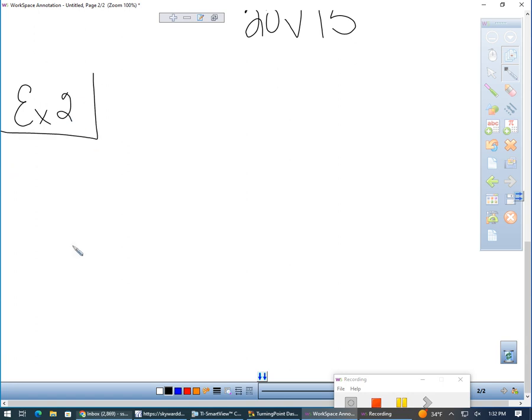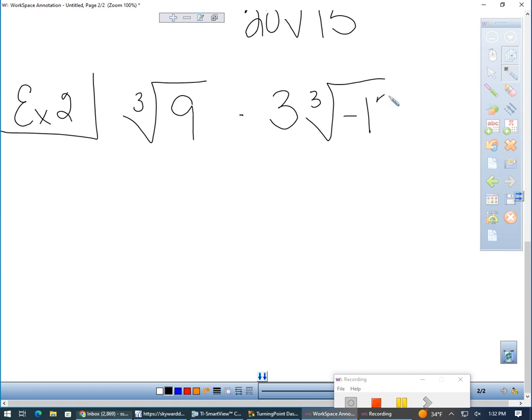Let's go with the cube root of 9 times 3 cube root of negative 12.